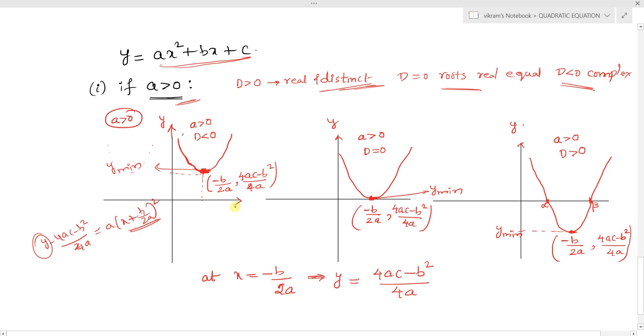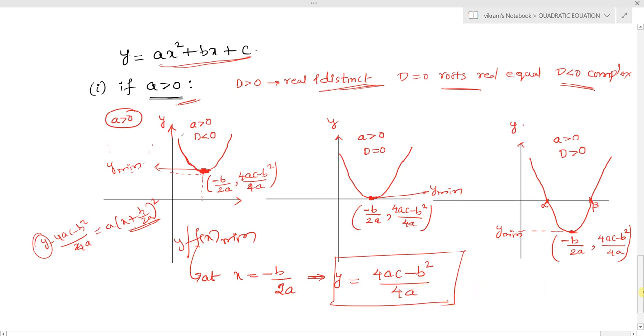So for a greater than 0, f of x will have the minimum at x equals minus b by 2a, and the minimum value is 4ac minus b square by 4a.